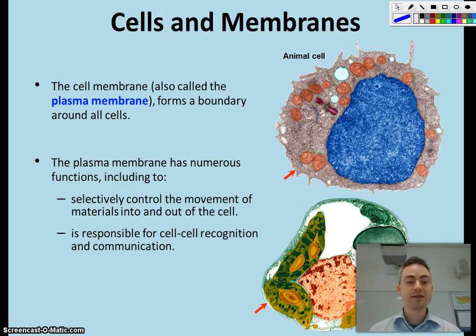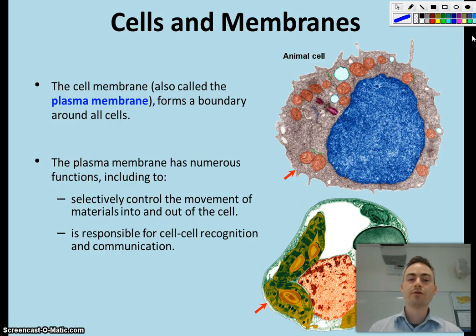We could also say that it's responsible for cell-to-cell communication or recognition, and we'll look at that certainly in more detail when we look at our part of the course on immunology. The cells have lots of important markers on them that allow them to recognize things in their environment. For now, though, we're probably looking at the movement of substances in and out of the cell. That's the key thing that we're focusing on here.